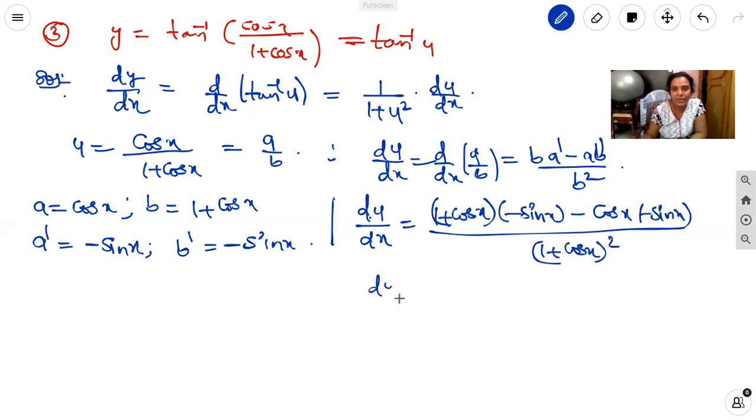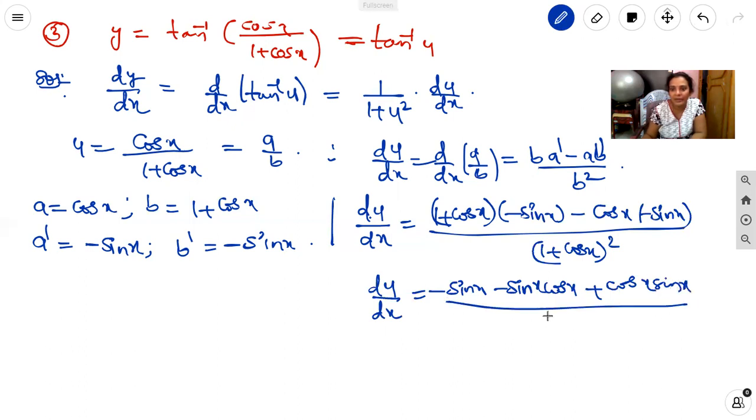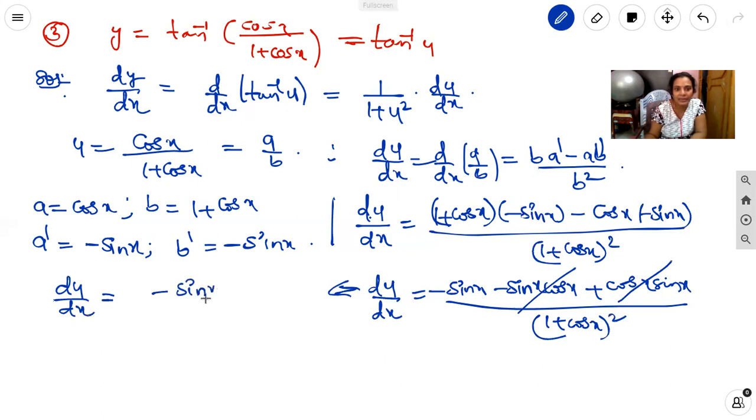Simplify: minus sin x plus, into minus minus sin x cos x, minus into minus plus cos x sin x, whole by 1 plus cos x whole square. Here plus sin x cos x and minus sin x cos x get cancelled. From this du by dx equal to minus sin x by 1 plus cos x whole square.